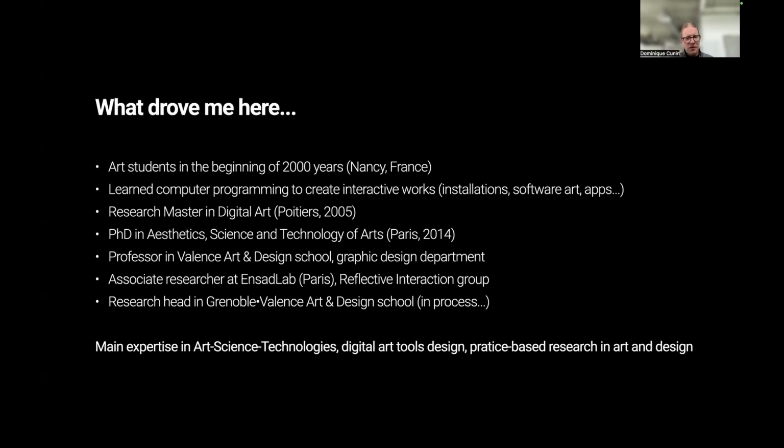Then in between, I became an associate researcher at ENSAD Lab, which is also the place where I did a big part of my PhD, in Paris, Arts Décoratifs, in the reflective interaction group, where I'm still working at the moment. And I'm in the process of becoming the research head of my school here in Grenoble-Valence, in relationship with the University of Grenoble and other partners internationally.